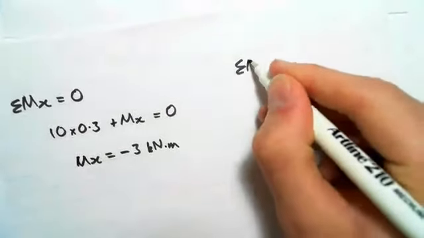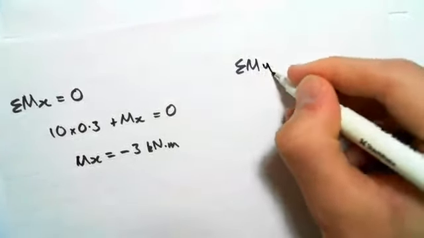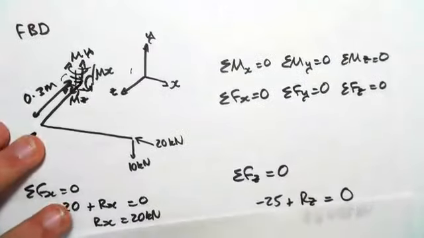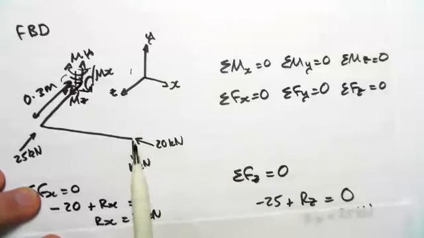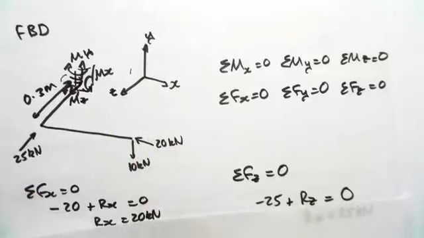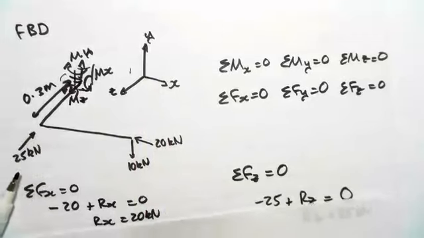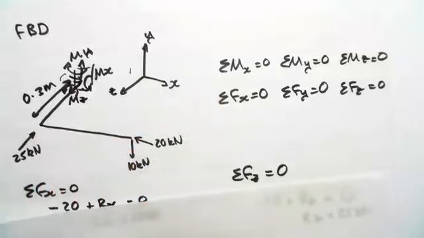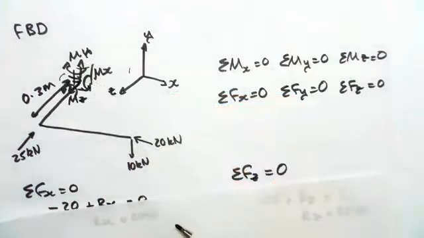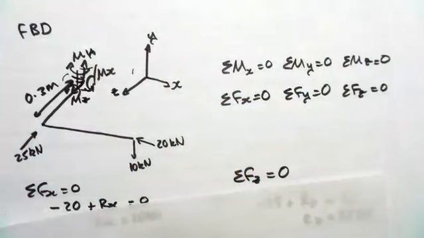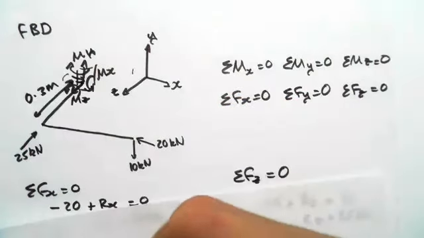We'll do the same sort of thing for My. The 10 kilonewton force is acting parallel to the y-axis, so it doesn't cause any moment. Again, this 25 kilonewton force goes through the y-axis, so it doesn't cause any moment. But this 20 is acting 0.3 meters away from the y-axis, so that causes moment, in the negative direction using our right-hand grip rule.